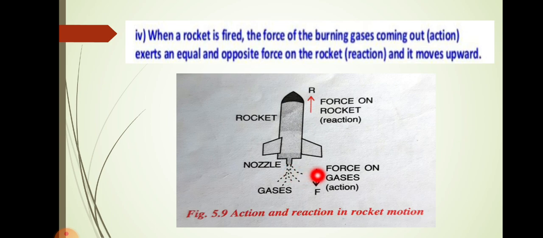So the outgoing gas exerts an equal and opposite force of reaction on the rocket, due to which it moves in the upward direction. So, when a rocket is fired, the force on the gas coming out is the action. In turn, it exerts an equal and opposite force on the rocket. So the force on the rocket is the reaction, due to which it moves in the upward direction.